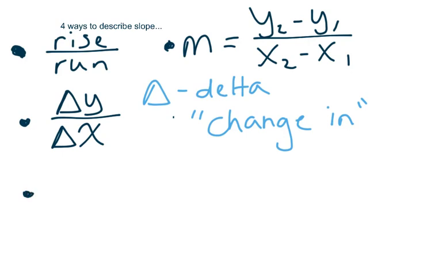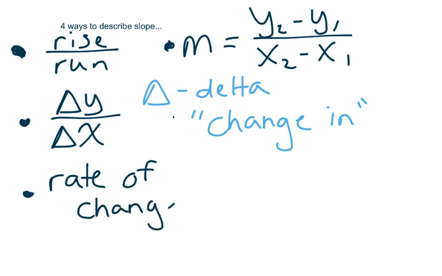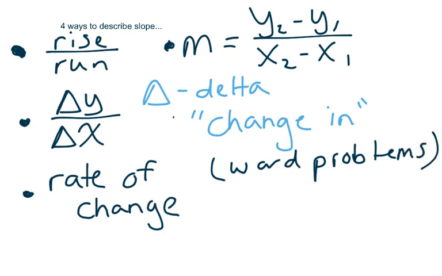Last way that we might think of slope is rate of change. And this is most commonly used in word problems. So if you're asked to do a word problem, depending on what you're asked for, you might be asked for the slope. I actually have a couple of examples in the notes.